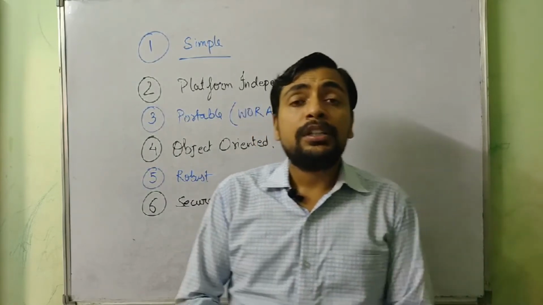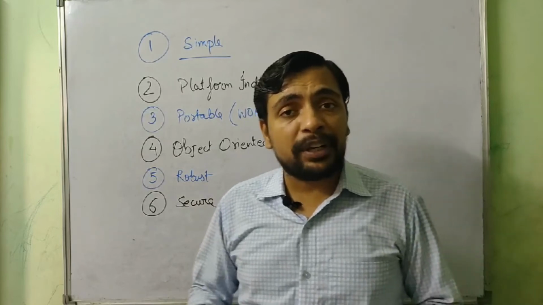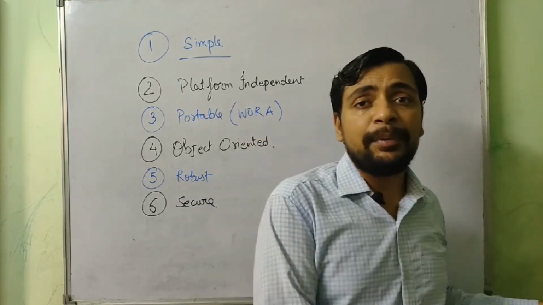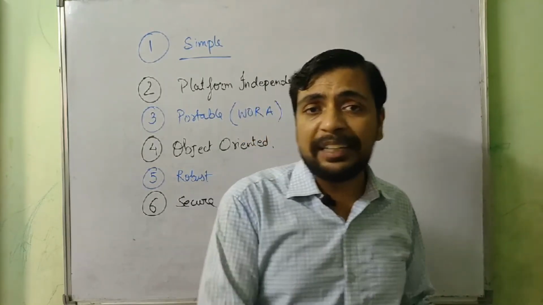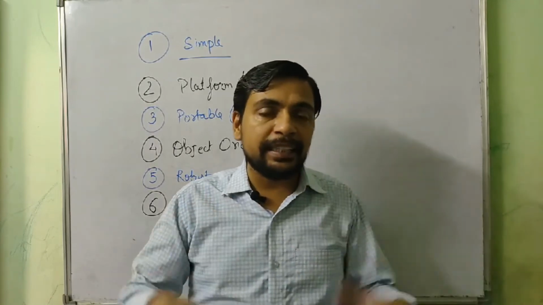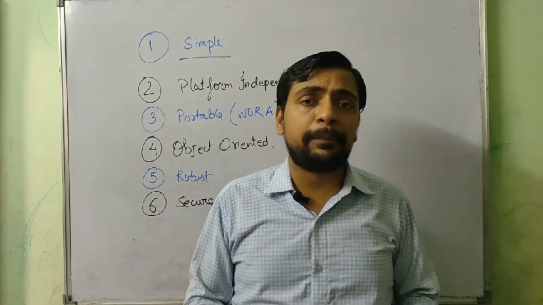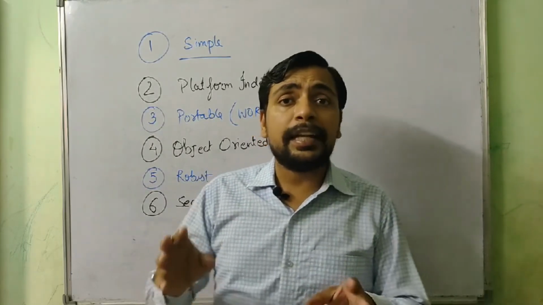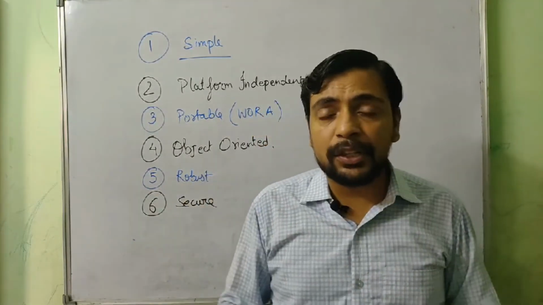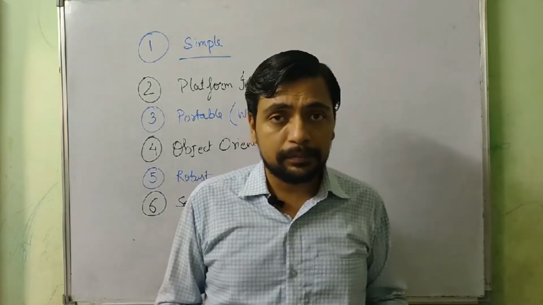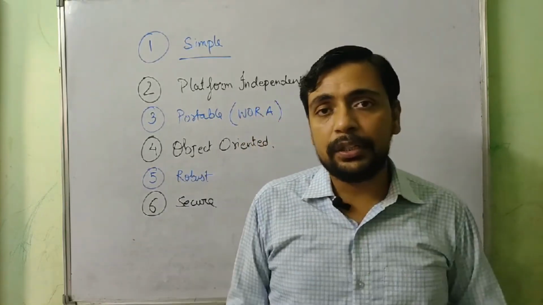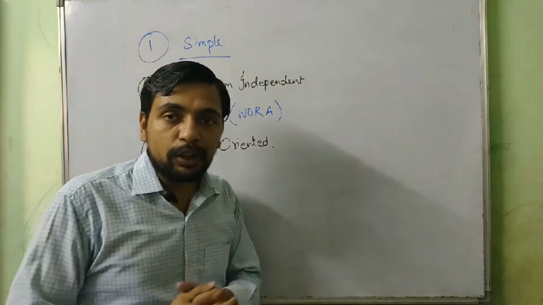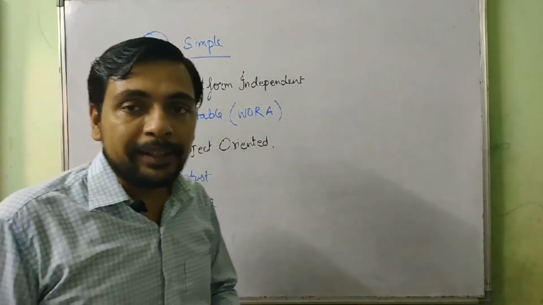So if I am running a Java program in the Java runtime environment, that is in the platform of Java itself, then even in the case that the program is malware, a malicious software, it's only going to affect that certain runtime environment. It's not going to affect the whole system. So Java is secure. And of course Java does not support concepts like pointers.